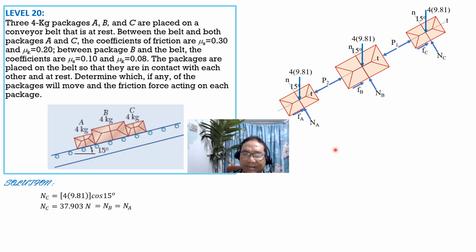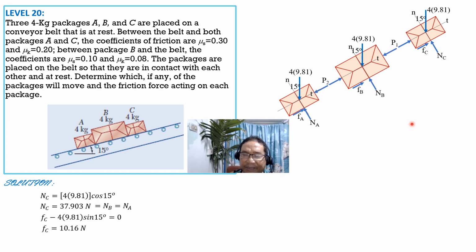Then let's compute for F sub C required for package C to be in equilibrium as shown. So F sub C minus 4 times 9.81 sine of 15 degrees equals 0. So assuming P1 is 0 yet. So F sub C is equal to 10.16 newtons.